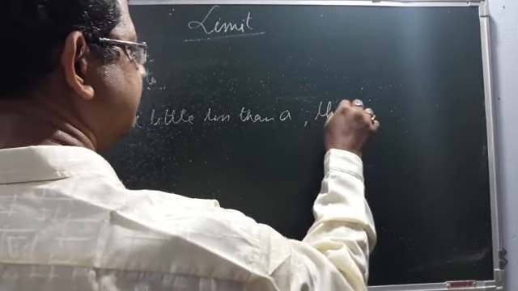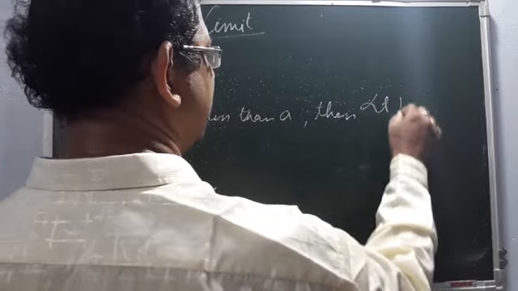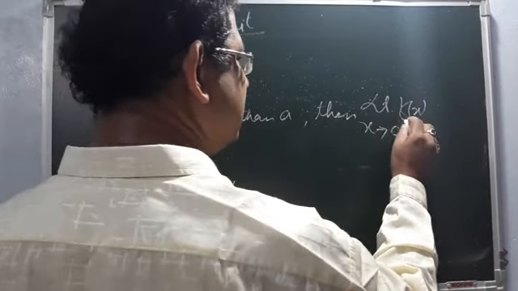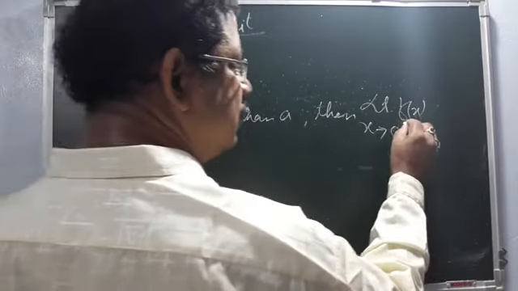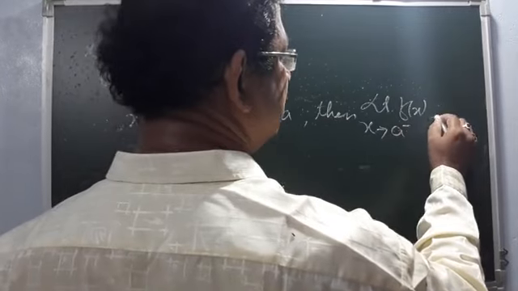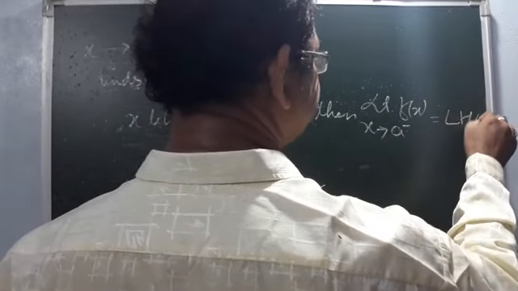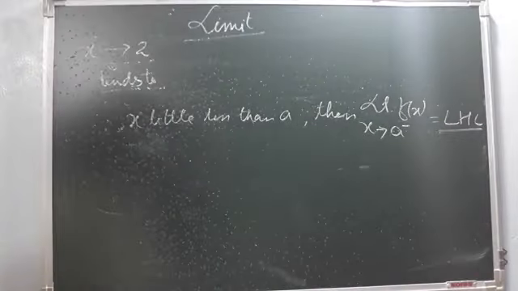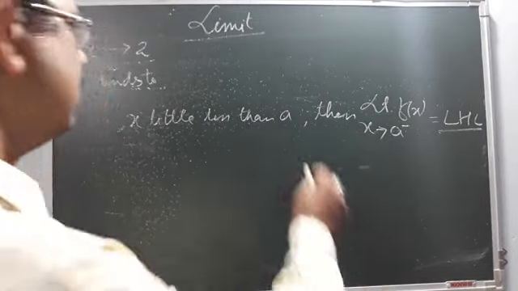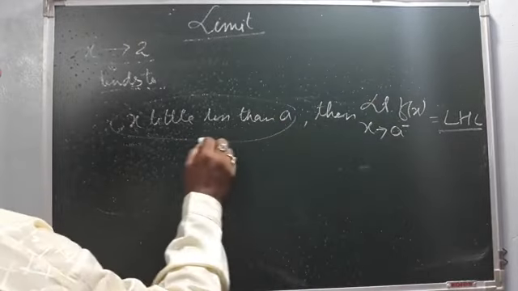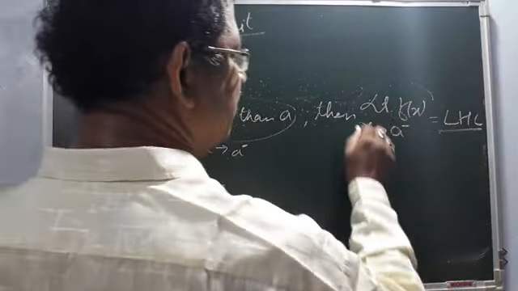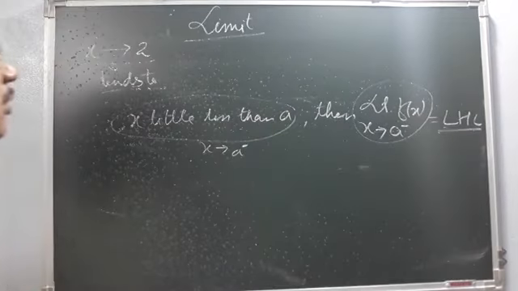Then limit of Fx, x tends to a, that less than a, this can be written as this, and is called LHL. LHL is what? Left hand limit. That means x little less than a, this can be symbolically written like this. Then this term is called left hand limit.